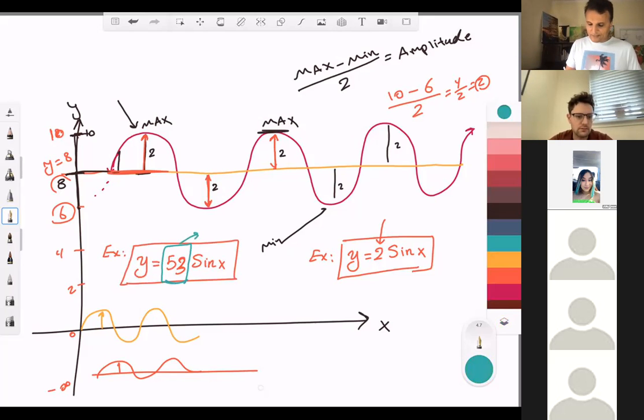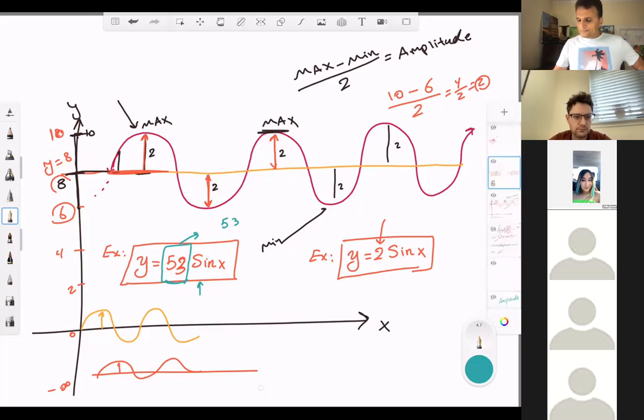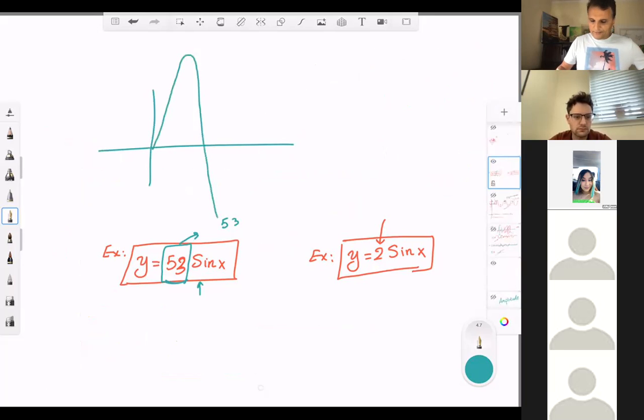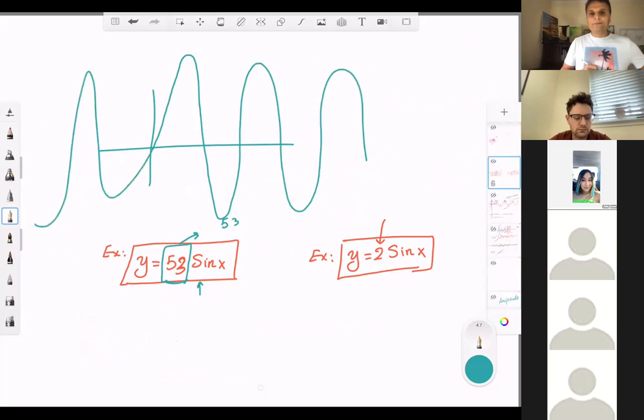So the amplitude here is 53. If you want to visualize this one, if you graph it, the graph will be something like this. It's going to go all the way to 53, all the way to negative 53. So this is how the graph of 53 sine works. I'm going to put here 53, and here negative 53. So that's the amplitude.